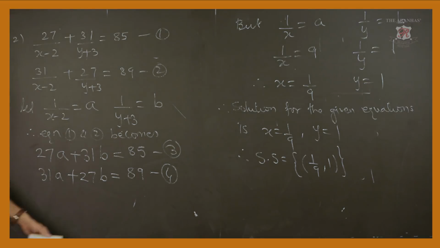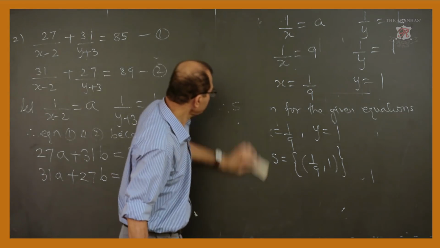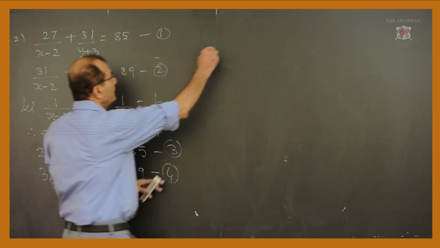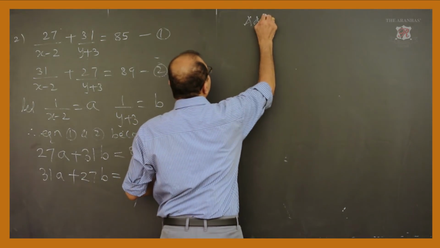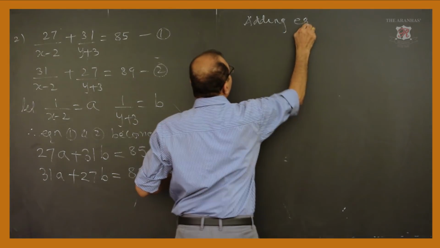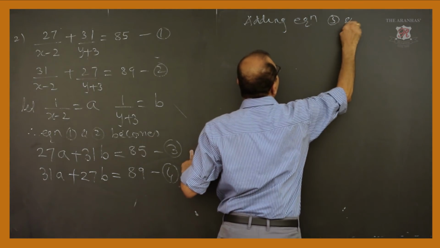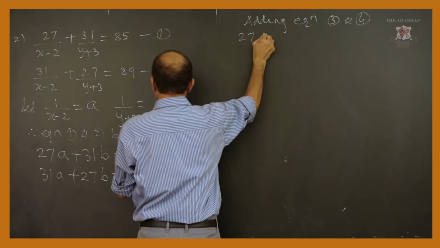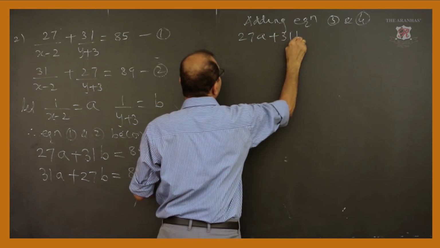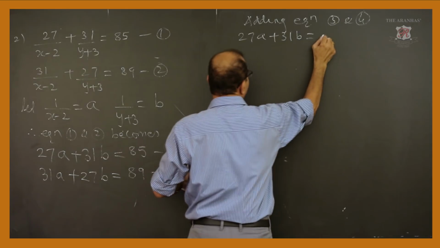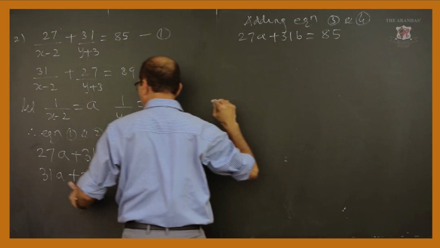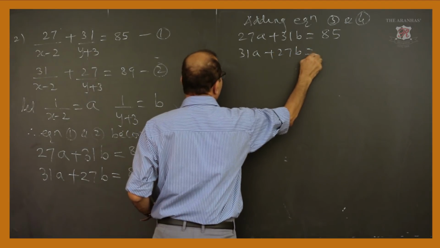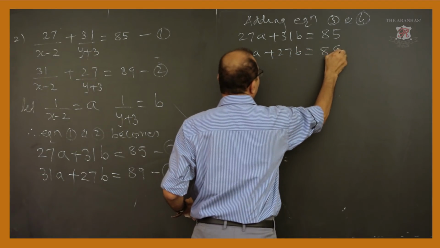So, first adding equations 3 and 4. Now, on adding equations 3 and 4, see what we get. 27a plus 31b is equal to 85. 31a plus 27b is equal to 89.